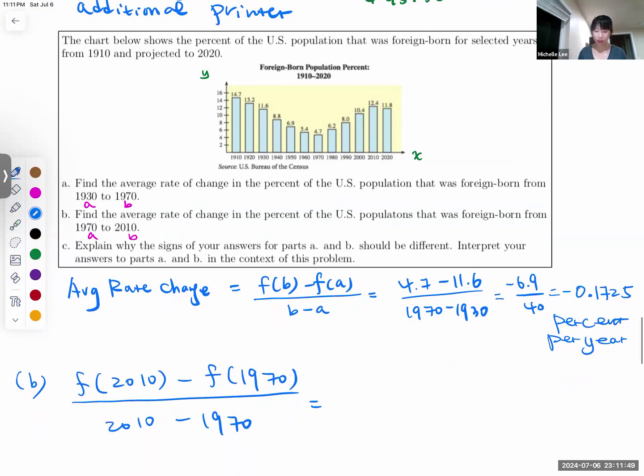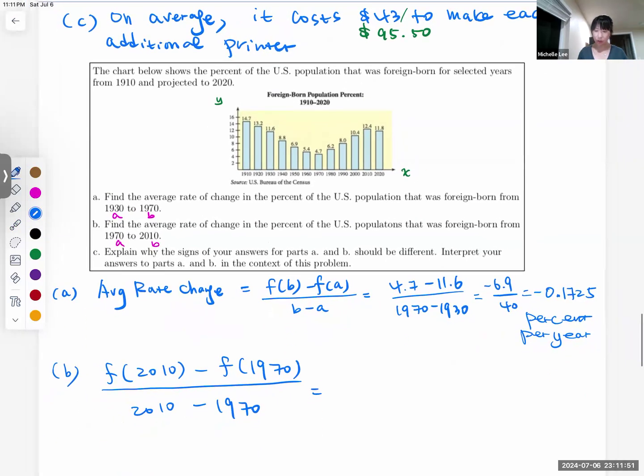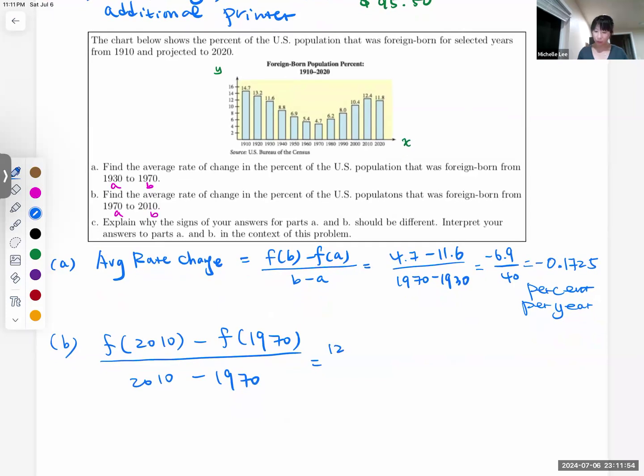It's a percent, right? 1970 we have earlier, 4.7, yeah? 4.7 over the denominator has a 40. So if we calculate this is 0.1925 percent per year.